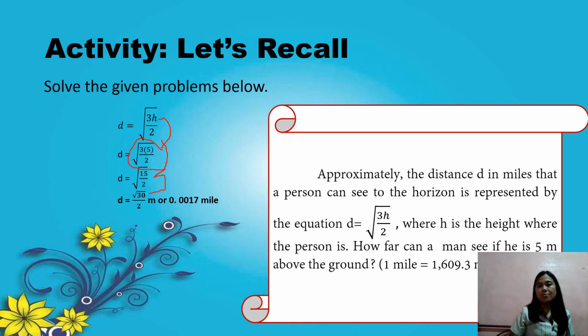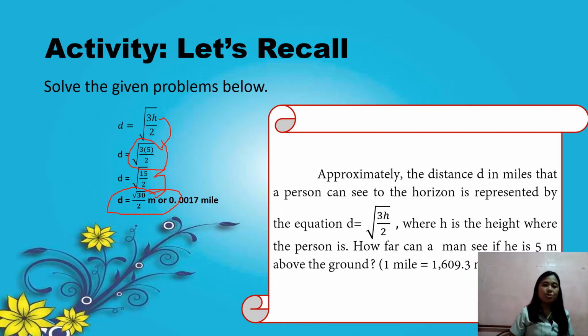So 15 times 2 is 30, so you have the square root of 30. And 2 times 2 is 4, but the square root of 4 is 2. So we now have a final answer of the square root of 30 over 2 meters.